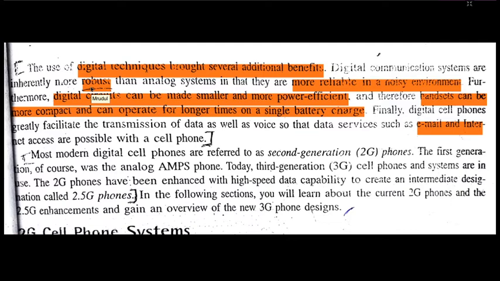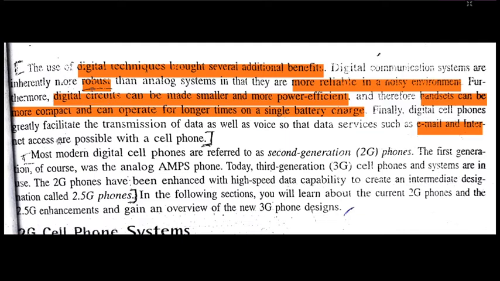It can run very easily even in a noisy communication environment, whereas AMPS cannot. Data transmission, for voice as well as data services like email and internet, can easily be incorporated with the digital part. So this is the list.